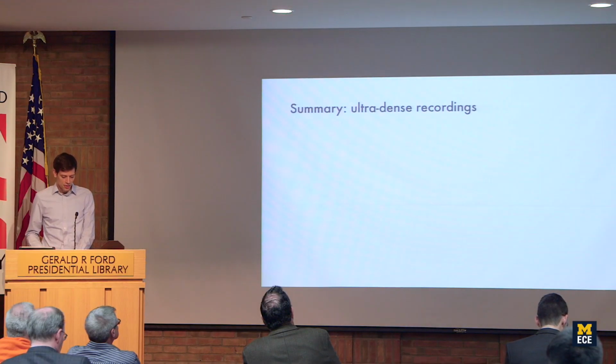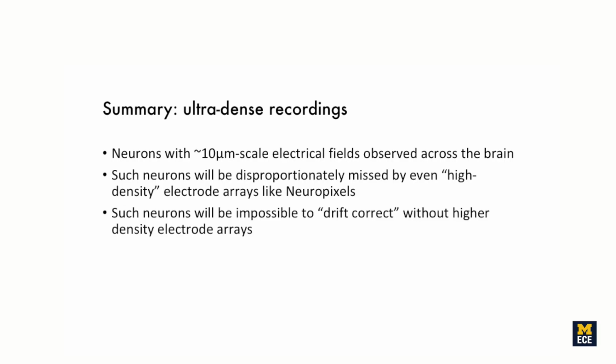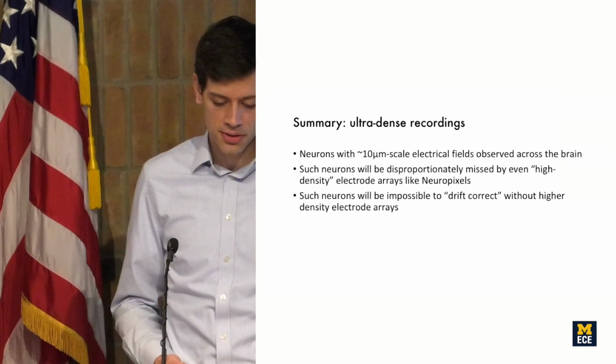Okay, so the summary of this part of the talk, before I then actually talk about the neural basis of behavior, is that we observed these neurons with about 10 micron scale electrical fields across the brain. So these kinds of neurons are going to be disproportionately missed. There will be a sampling bias against these kinds of neurons, even with an electrode with high density like NeuroPixels.